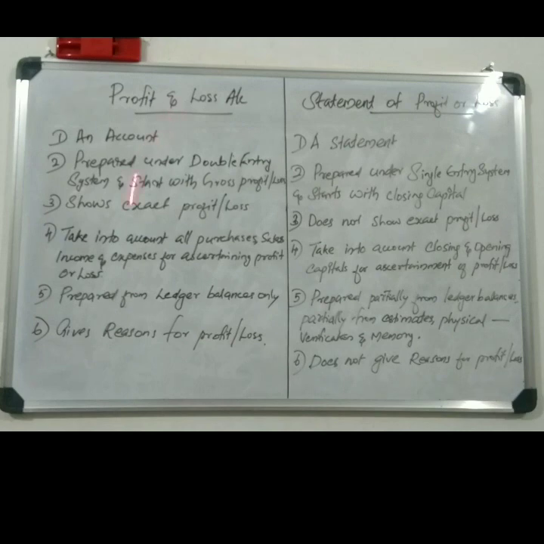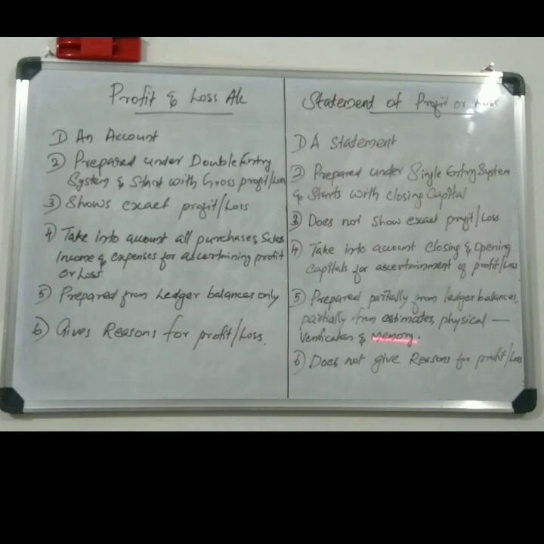Profit and loss account gives the reasons for profit or loss. That means it gives the reasons for incurring a loss or earning profit. It shows why there is a profit or what happened for incurring a loss, because we take all accounts into consideration and we take only ledger balances.